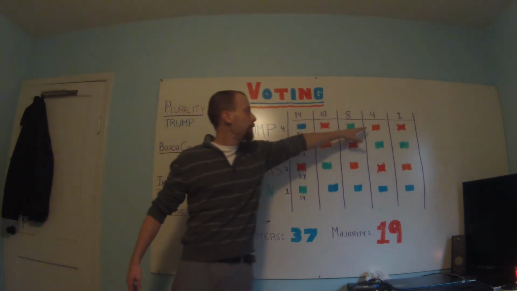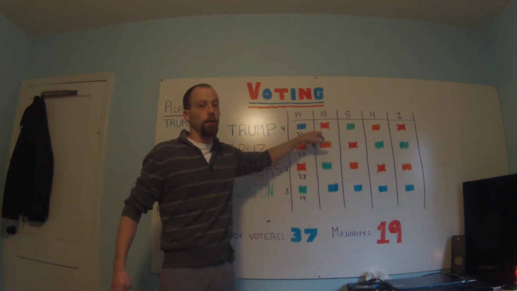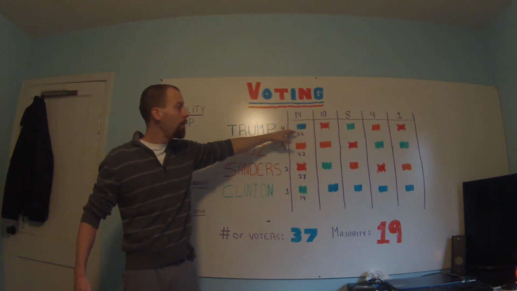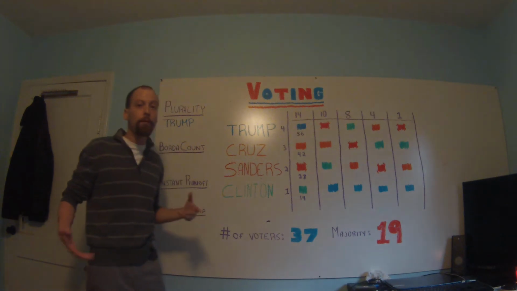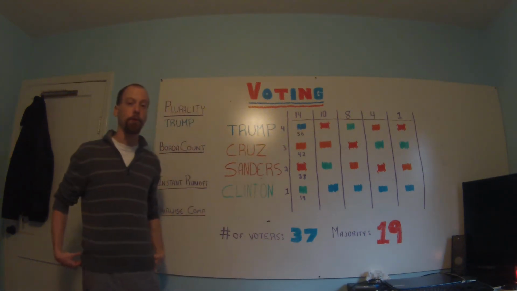But 5 of the people over here really didn't want Sanders to win. So they threw their vote to Trump, so Trump won because they really didn't want Sanders to win. That would be called insincere voting. It's voting against somebody, not for somebody.